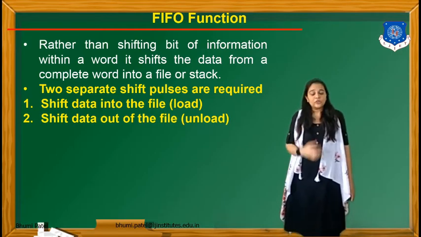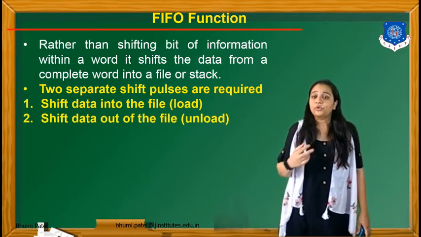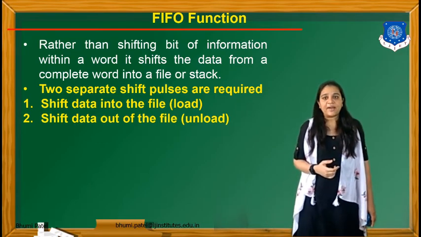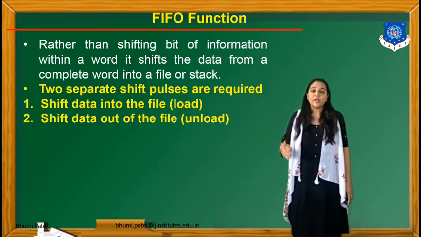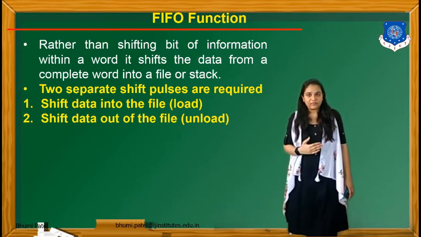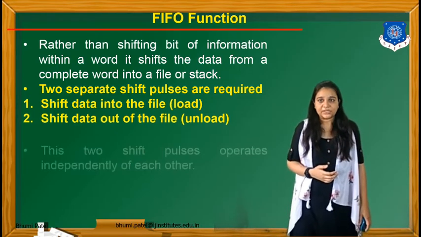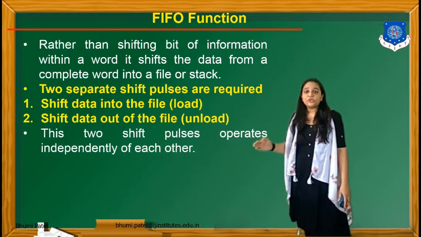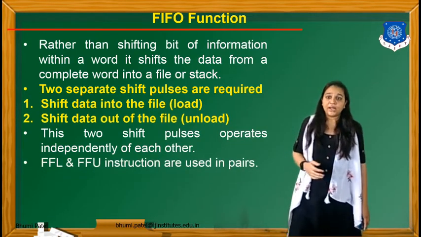So we can also unload the file from this location. Two separate shift pulses are required in the FIFO function. We will study one by one how to load and unload the FIFO function. These two shift pulses operate independently of each other.